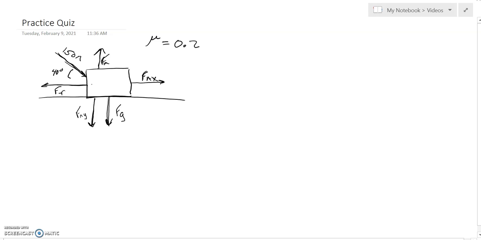So using this diagram to make our net force equations, I will start with the sum of the forces in the y equals mass times acceleration in the y. Why start in the y? Just because I know we're not accelerating, we're sliding in the x. So I think that's a little easier to start in the y.